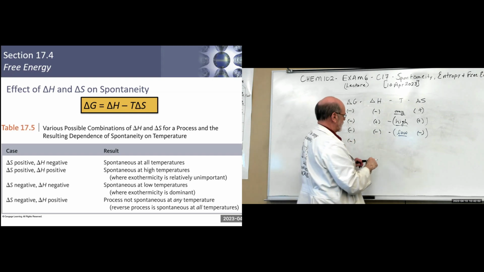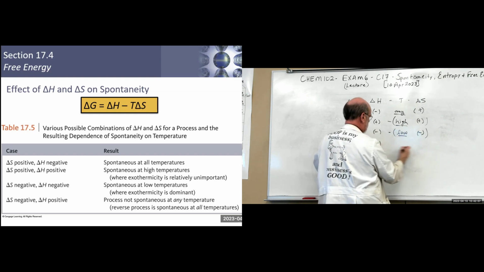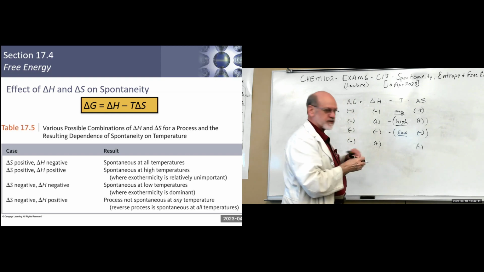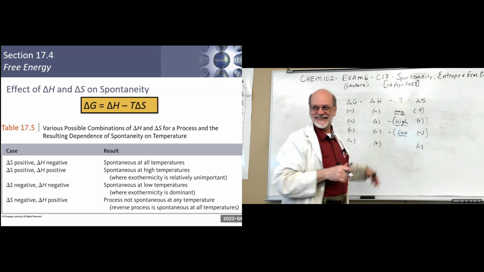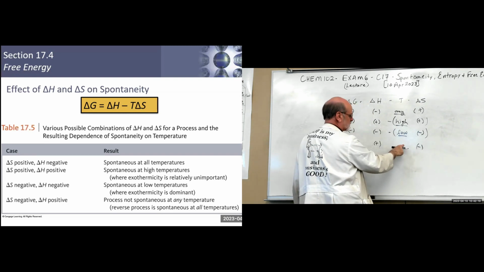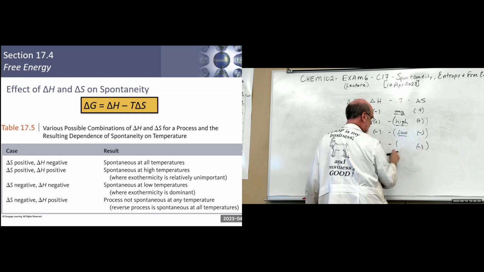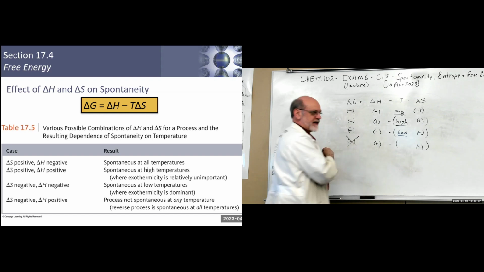So what are the other options? Negative, negative, positive, positive. We need a positive here and a negative here. Under what conditions would this be spontaneous? Never, right? It doesn't matter what this value is. This one is always going to be positive, times that negative would always be positive. This is always positive. That would never be negative.